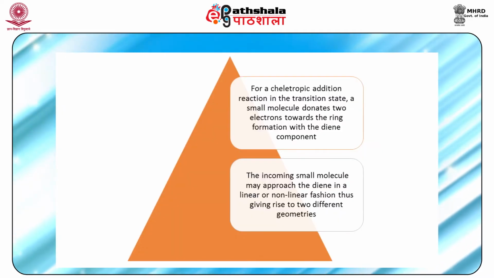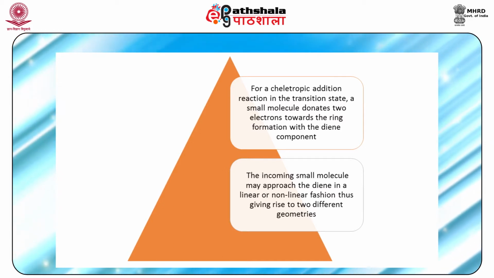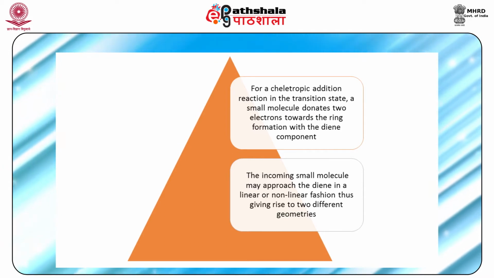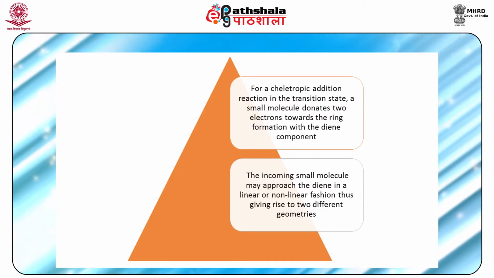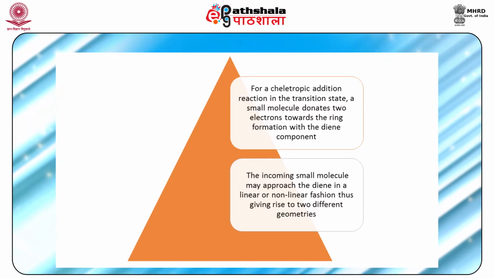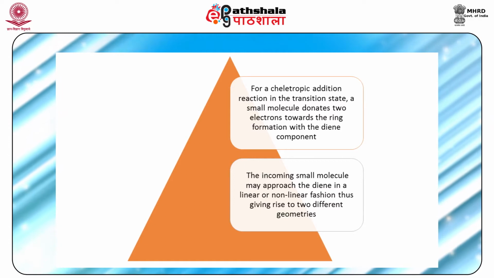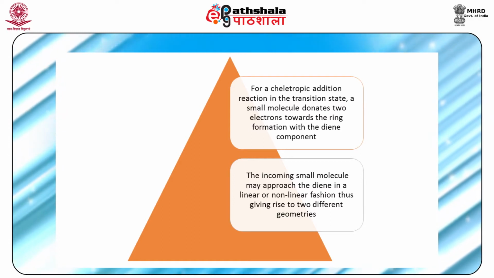For a cheletropic addition reaction in the transition state, a small molecule donates 2 electrons towards the ring formation with the diene component. The incoming small molecule may approach the diene in a linear or nonlinear fashion, thus giving rise to 2 different geometries.